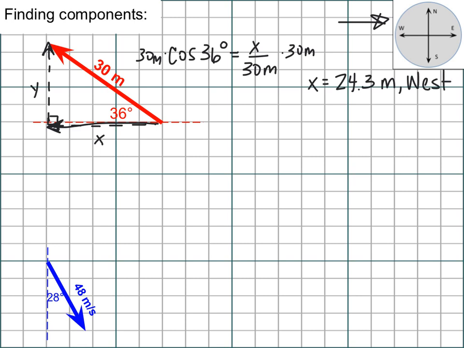My other component, y, I could set up something similar, but now using the sine function. So sine of 36 is equal to y over 30 meters. Again, multiplying both sides by 30 meters, and 30 times the sine of 36 is 17.6 meters. And then that vector pointed to the north.